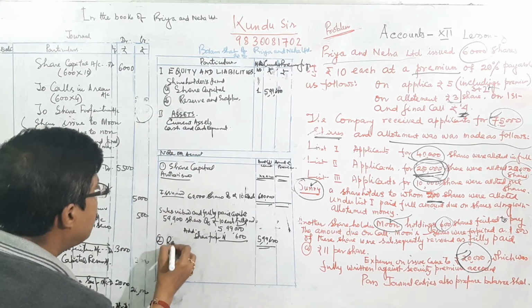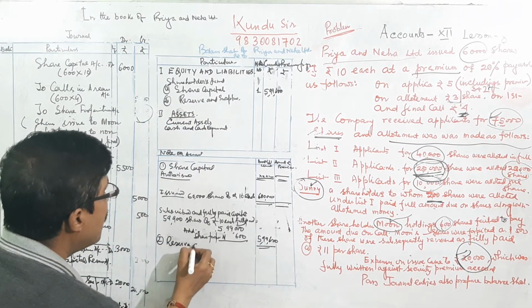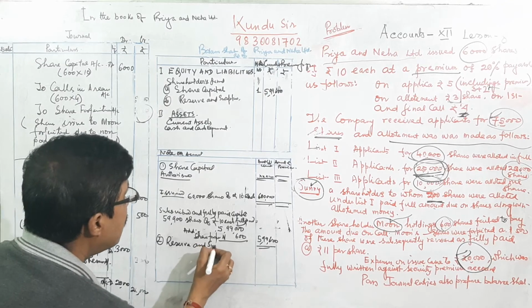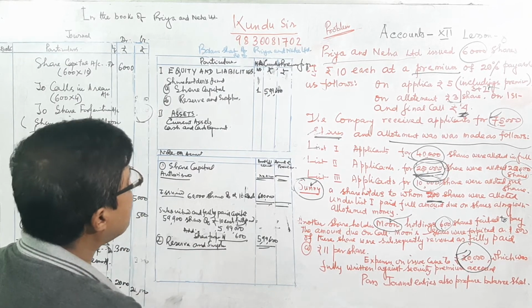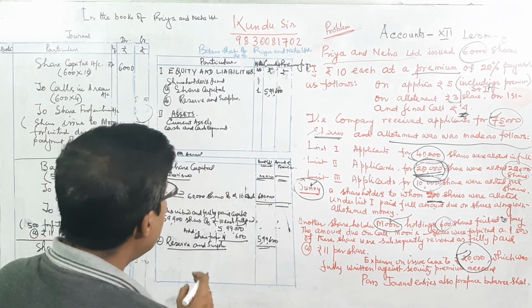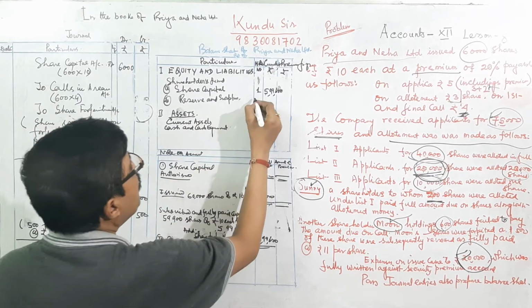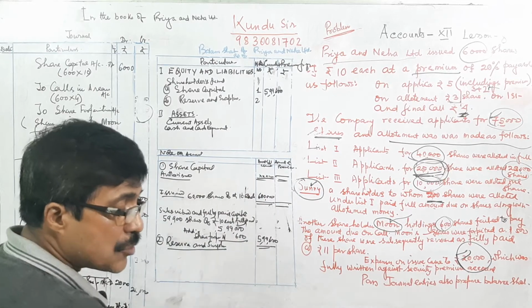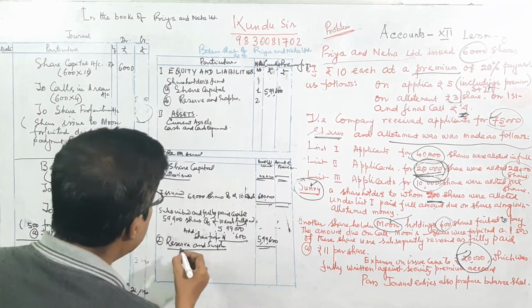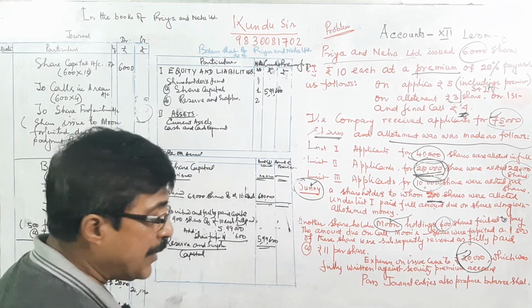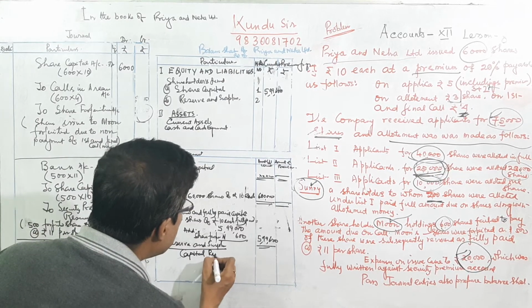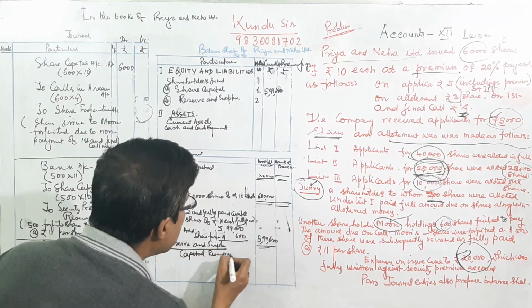Now we are calculating note 2, reserve and surplus. What is reserve and surplus? Now we have to calculate. We put 2 here, and details are to be calculated here. Then capital reserve, we have got from the share forfeiture account.